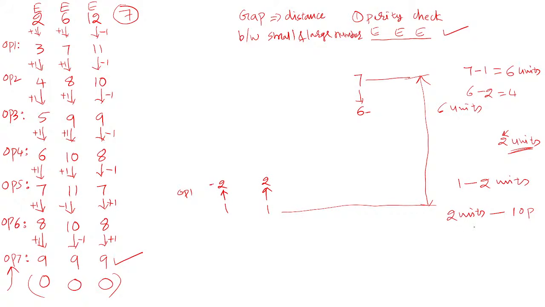Then how many such operations are required? How many operations are required to make them equal? Getting it or not?